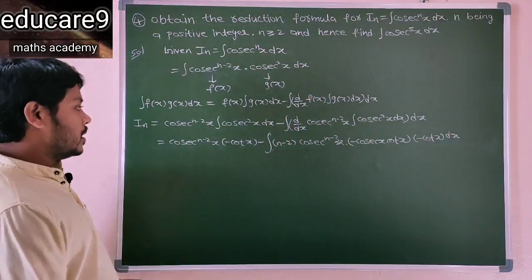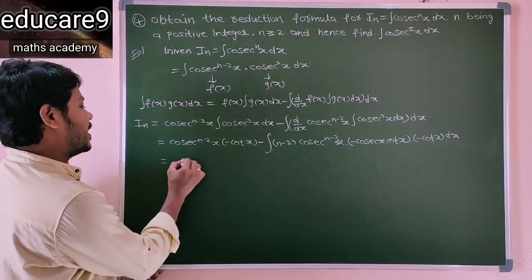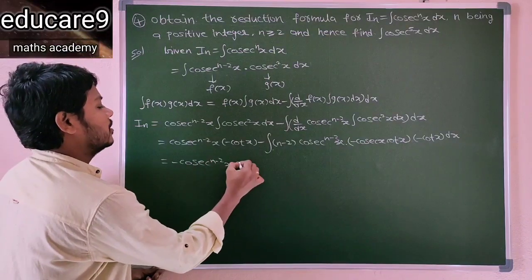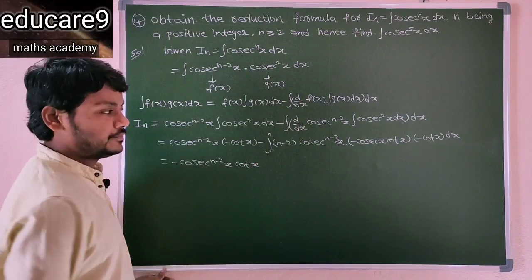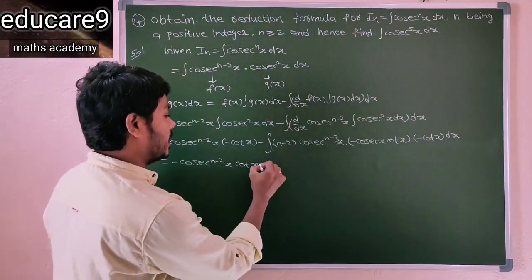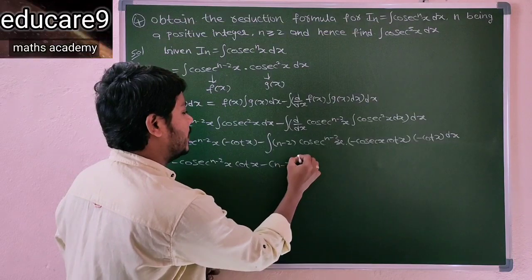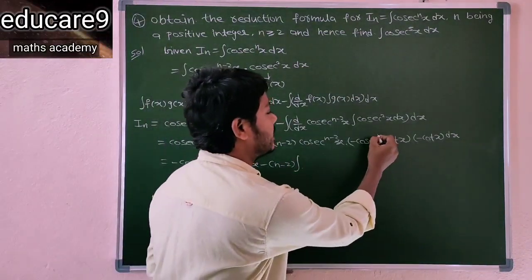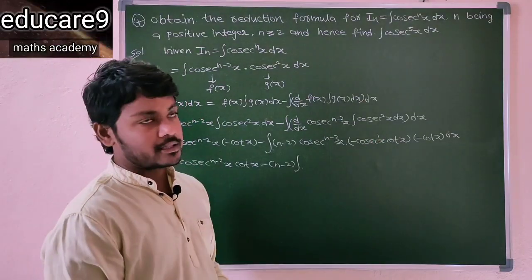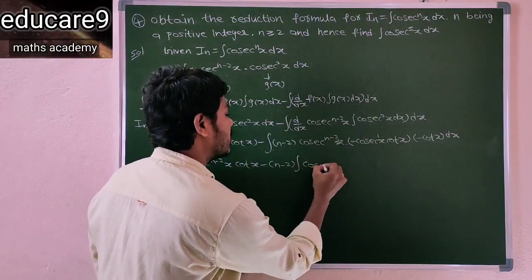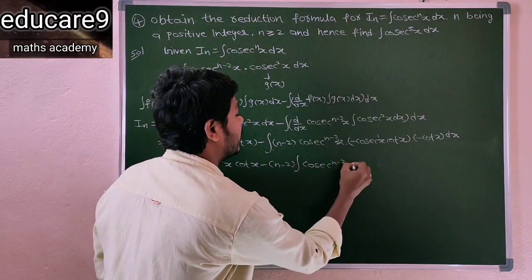dx. Now see here, this is minus cosec power n minus 2x cot x. Here minus into minus is plus, so here minus only, n minus 2 into integration of cosec power n minus 3x into cosec power 1x. So minus 3 plus 1 is minus 2, so that is cosec power n minus 2x.